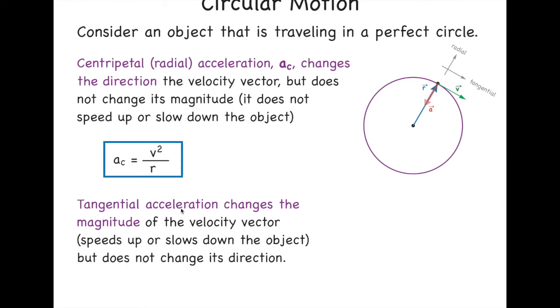Well, tangential acceleration changes the magnitude of the velocity vector. We knew that already from our earlier 1D studies, where whenever we had an acceleration that pointed in the same direction as the velocity, that just changed its speed. It sped up the object, changing the magnitude of the velocity, but not its direction. So the tangential component of the acceleration changes the speed, while the centripetal component of the acceleration changes the direction of travel.